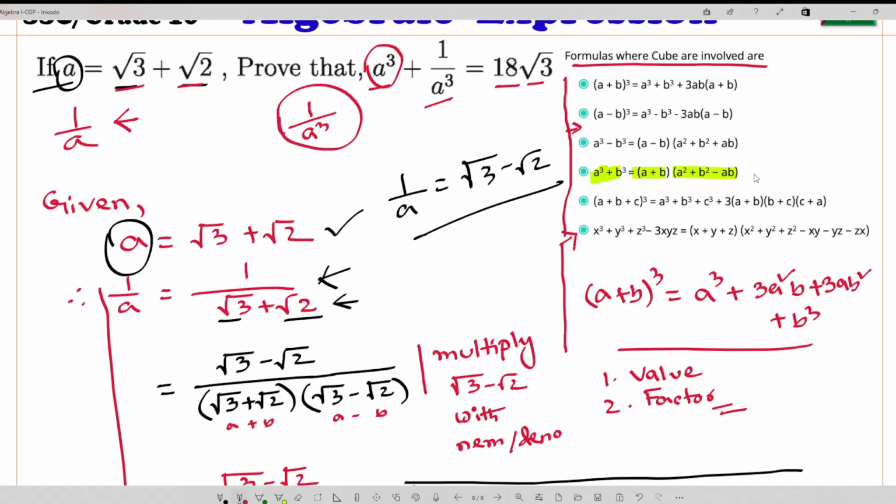This is for factor. Okay, and here is a plus b whole cube equals a cube plus b cube plus 3ab times a plus b. This one is for value, and here is also value.